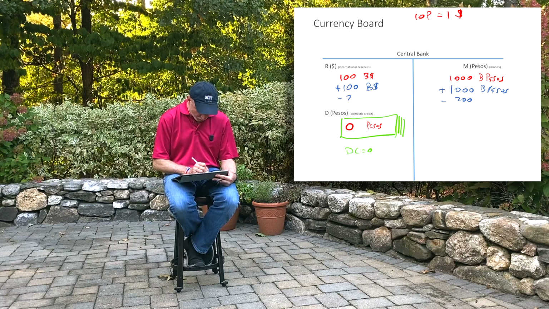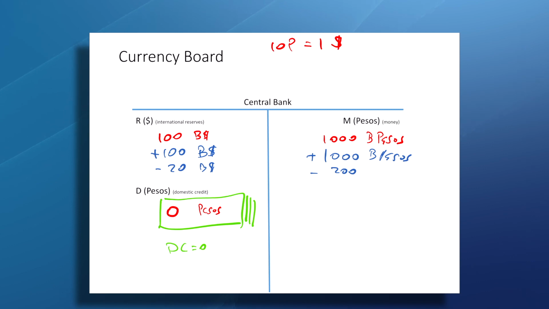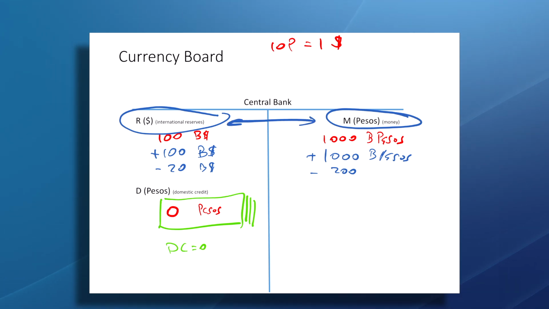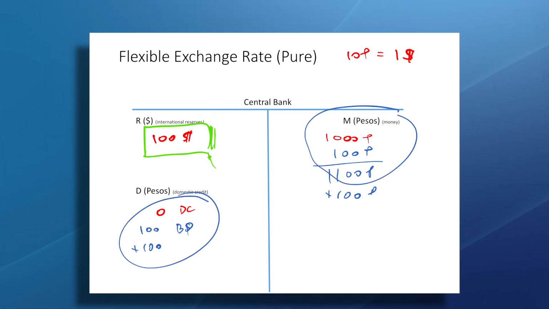Well, then I'll give you 20 billion in dollars because it's 10 to 1. So in the case of the currency board, the reserves and the money supply are moving in tandem. They're perfectly correlated. In the case of a flexible exchange rate, these two are the ones that are moving in tandem. The amount of reserves remains constant.